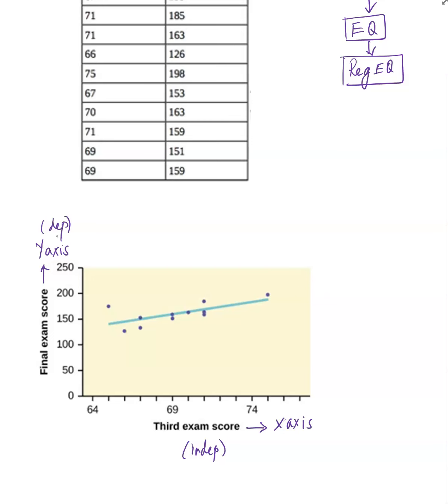Let's go to the regression equation. For that we go to Stat, Calc, and you go down to LinReg, and that will give you all of them, y equals all that.